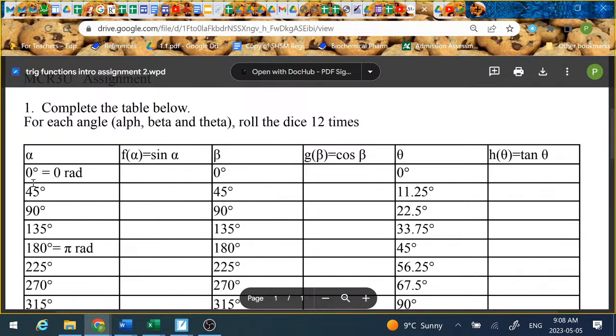So look at these numbers. What do you notice? 0, 45, 90, 135, 180. They're multiples of 45 degrees. Do you need your calculator to calculate the sine of any of those angles? No? Why not?